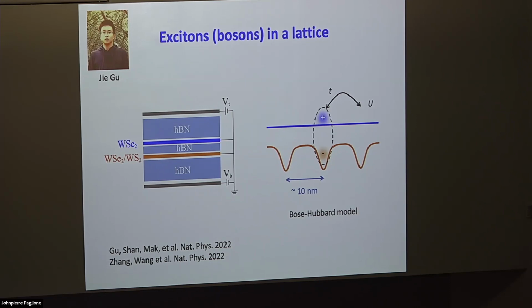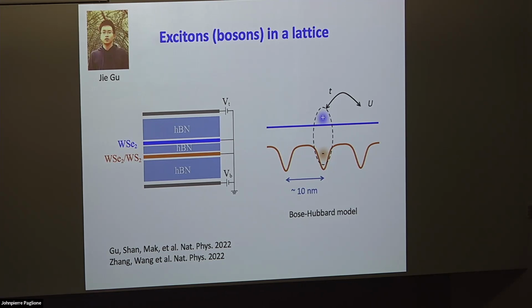And if the moiré period is so sensitively dependent on the angle, any variation in the angle will bring in disorder, a change in the moiré periodicity locally, and that's an issue for the homobilayer. But when you are using two dissimilar materials like tungsten diselenide and tungsten disulfide, that's not very important. If theta is not exactly 0 every time, you also have that twist angle problem.